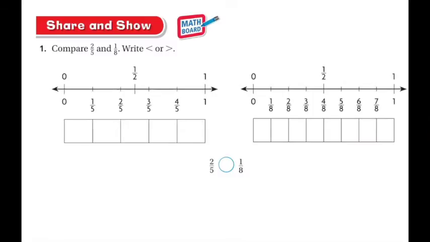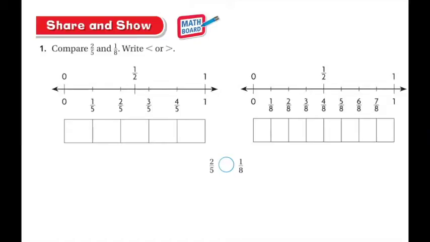All right, so let's look at this next one. We're comparing 2/5 and 1/8. Now look at our number line. This is really fun. We have the fifths on the left and the eighths on the right. What do we notice about the fifths? Well, look, 1/2 is actually in between 2/5 and 3/5, and that's because the denominator of 5 is an odd number, so there's not a particular fifth that is the halfway point.